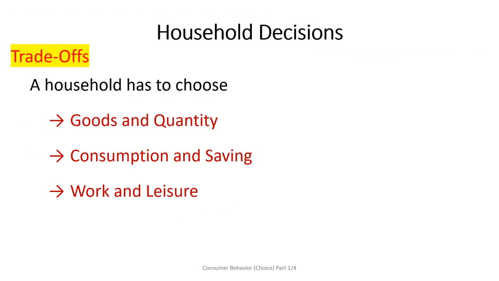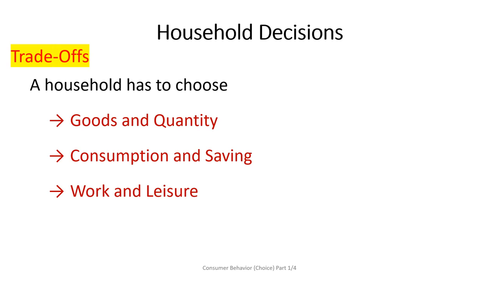Students, given the scarcity of income and of time, a household has to choose which goods to consume and which not to consume. It also has to choose the quantity of the goods a household is consuming.